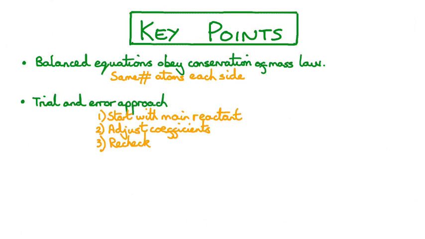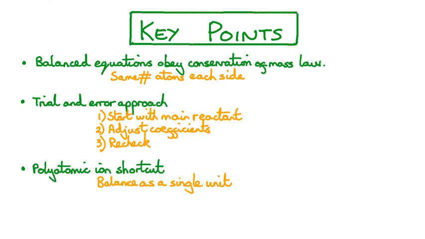The general method is to start with your main reactant, adjust the coefficients and recheck, repeating this process until your equation is balanced. We've also seen that there is a shortcut you can use when dealing with polyatomic ions. We can balance polyatomic ions like nitrate and sulfate as a single unit, making life much simpler. Remember though that this only works if the polyatomic ion is present on both sides of our reaction equation.